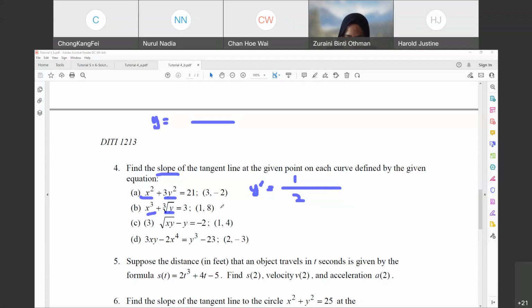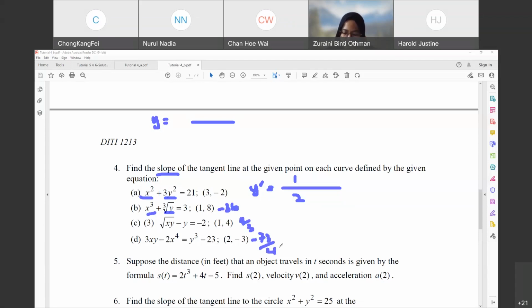And for B, jawapan dia nanti ialah -36. And C, jawapan nanti ialah 4/3. And for D, the answer is -73/21. Okay.